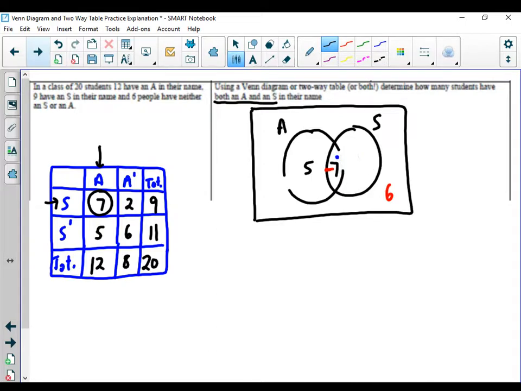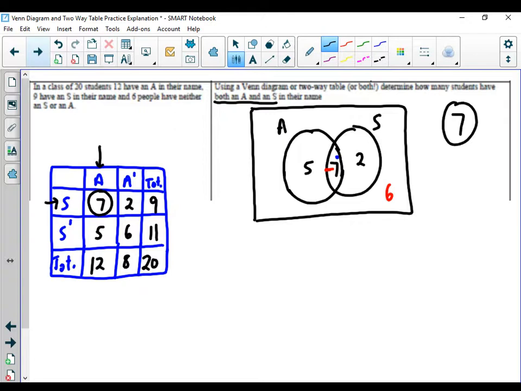And this would now be 2, because I had 9 total. I can double check: 7 plus 5 is 12, plus 2 is 14, plus 6 is 20, and that's my total. So answering how many students have both A and S, I end up with 7.